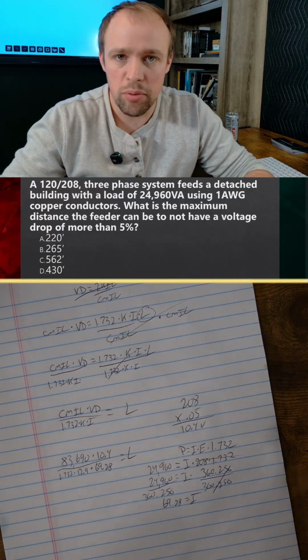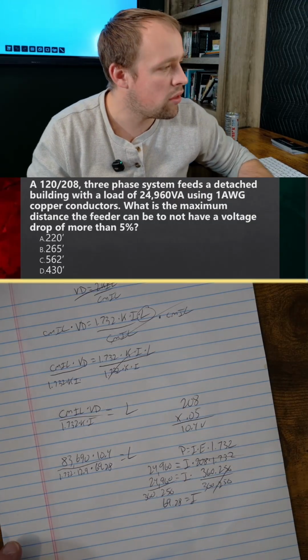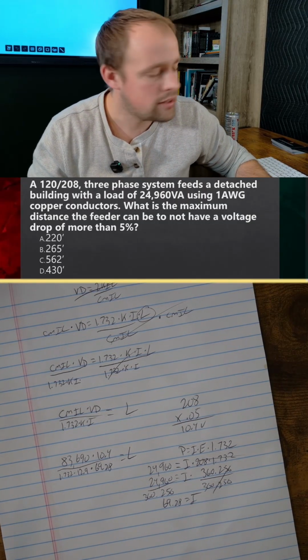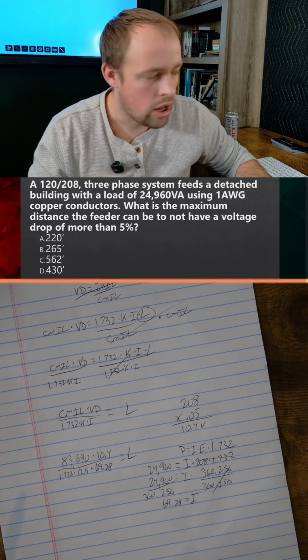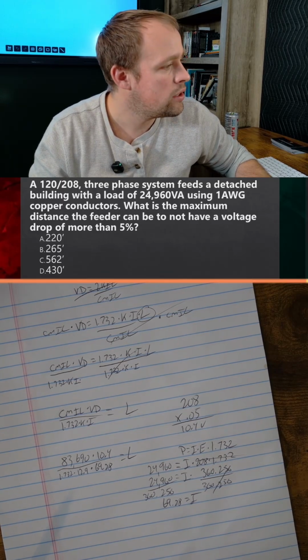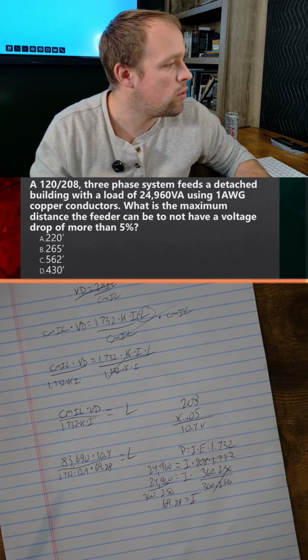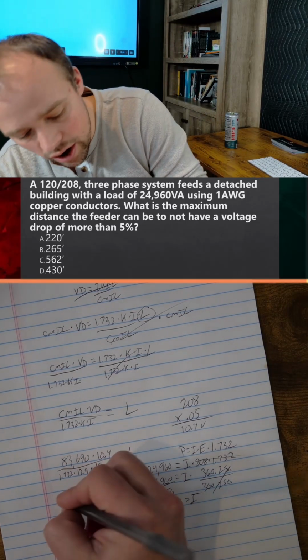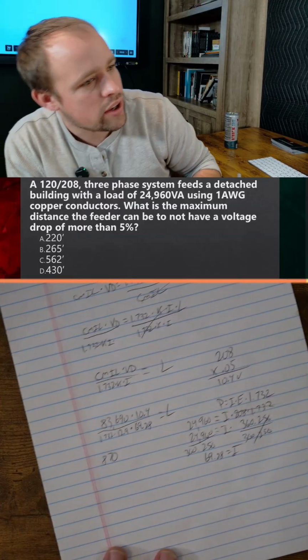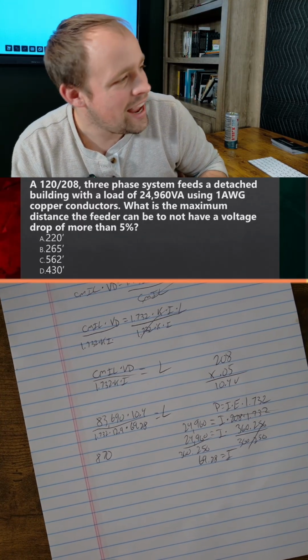So now I can simplify. Let's start with the numerator: 83,690 multiplied by 10.4 gives me a numerator of 870,376. Hopefully you guys can see this. I haven't been looking.